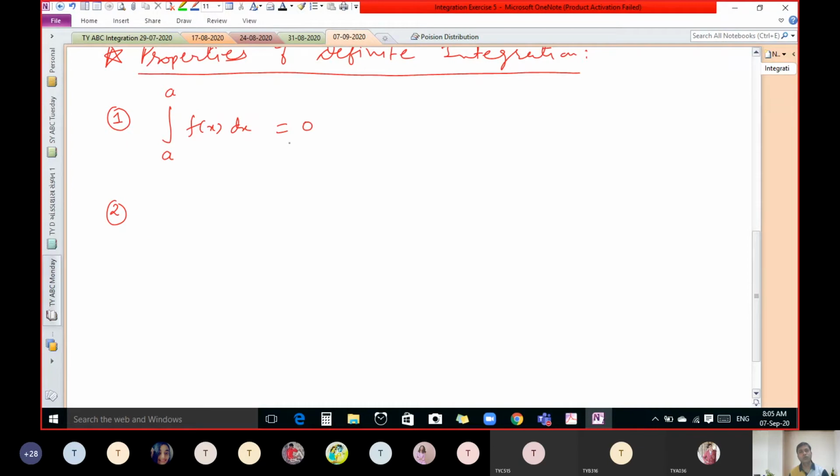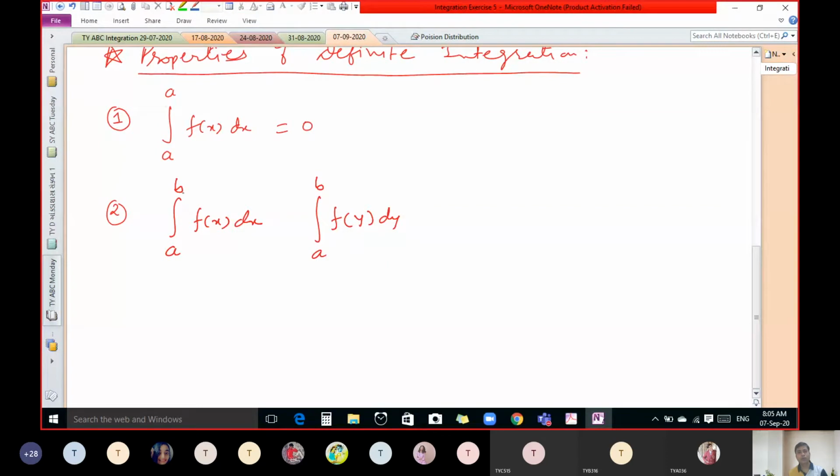Second, integration of the function f of x with respect to x, with range a to b. Now if we put y in place of x, then our question becomes this, and the range is the same.